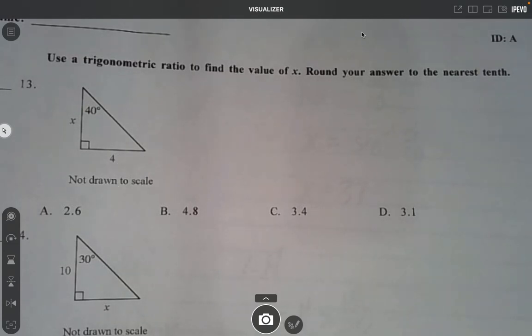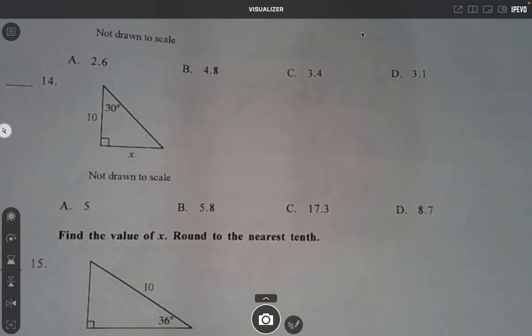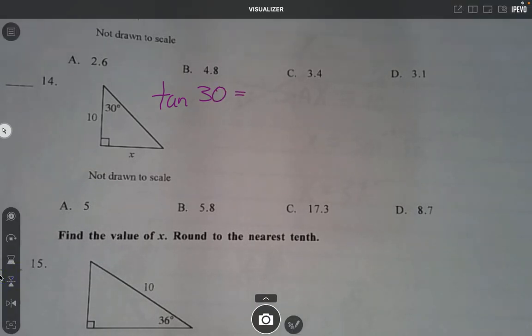All right, let's look at the next one. We may finish. Number 14: is this sine, cosine, or tangent? Gracie, try this one. We have opposite and adjacent. So which one is it? Tangent. So it's the tangent of 30 degrees, opposite over adjacent.